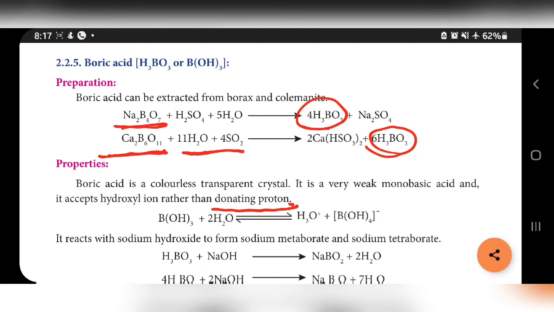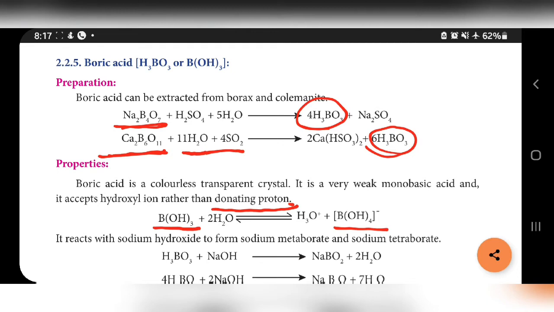So, boric acid formula is H3BO3. It can be written B(OH)3. It absorbs OH minus ion from water molecule, means it forms B(OH)4 minus.